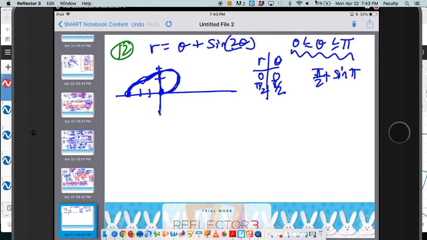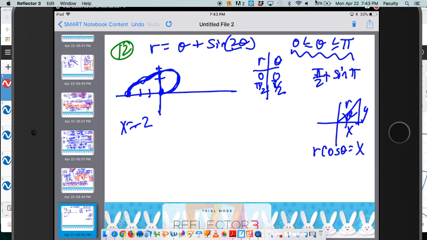Alright, find an angle theta that corresponds to the point on the curve where x equals -2. Alright, go back to our facts that we have right here. This is x, y, r, and theta. We know that cosine of theta was adjacent over hypotenuse, x over r, so x is r cosine theta.